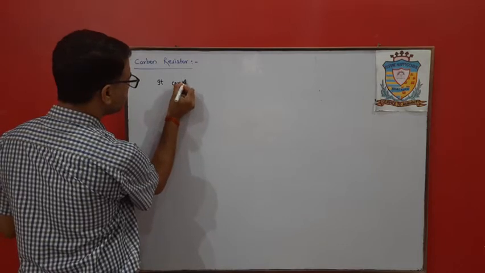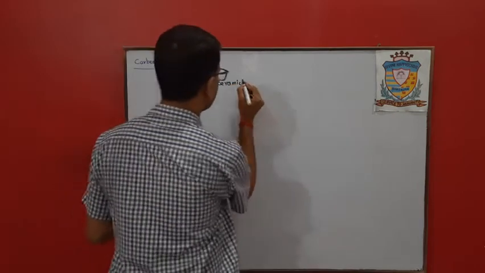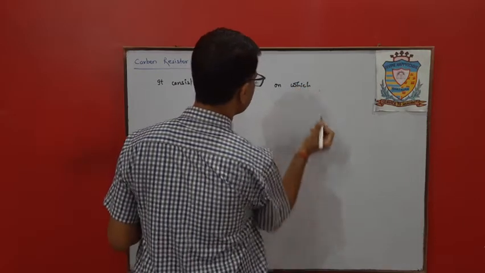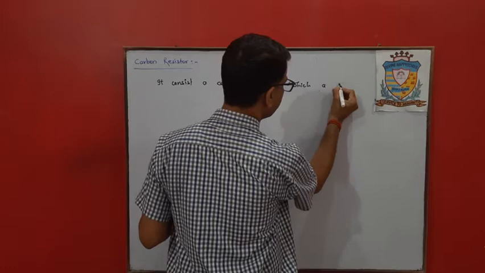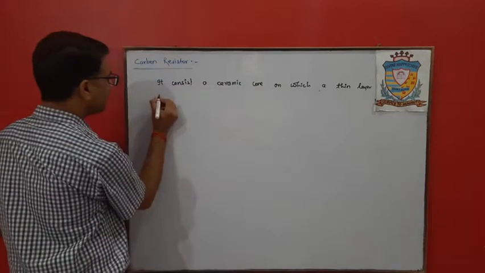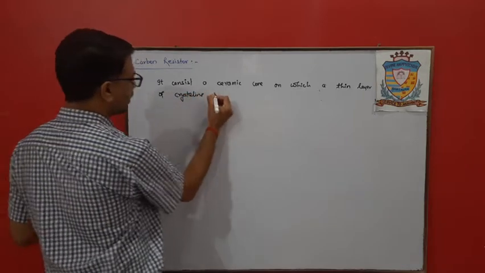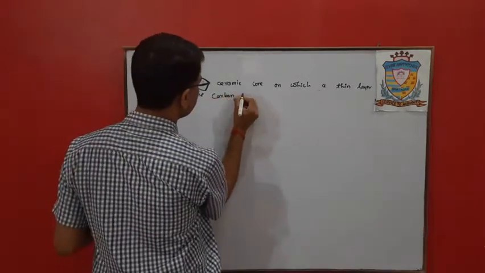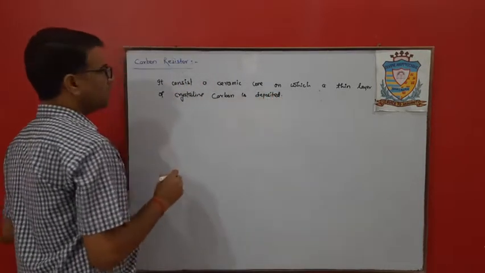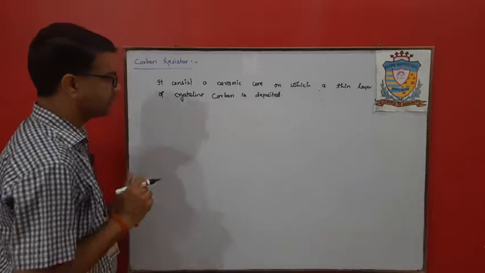It consists of a ceramic core on which a thin layer of crystalline carbon is deposited. Clear? So it consists of a ceramic core on which a thin layer of crystalline carbon is deposited.